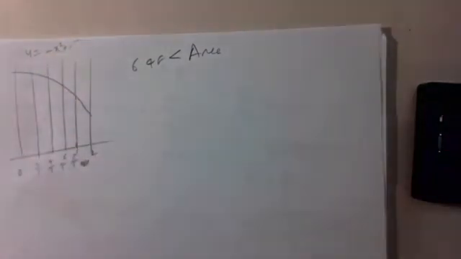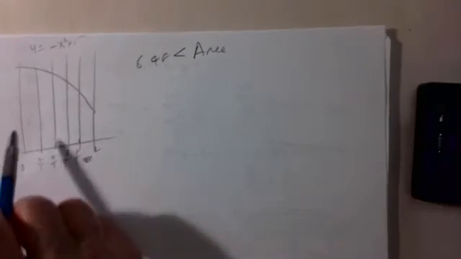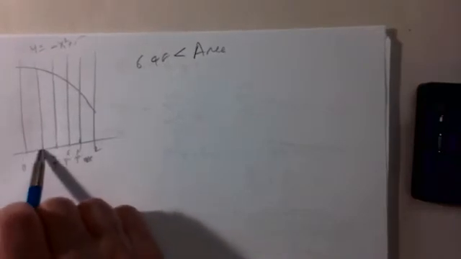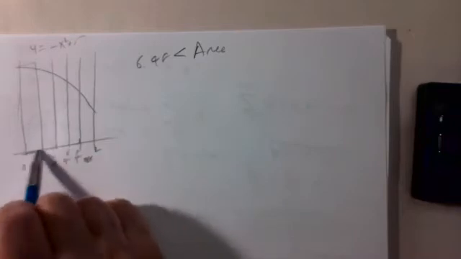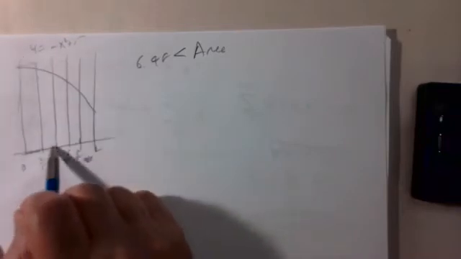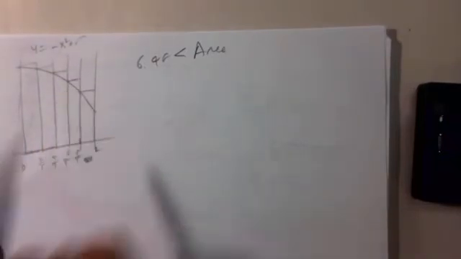And now I want to form rectangles where instead of using the right-hand endpoint of the interval to construct the rectangle, we use the left-hand endpoint. So the left-hand endpoint here is here. On this interval, this is the left-hand endpoint, and so forth.